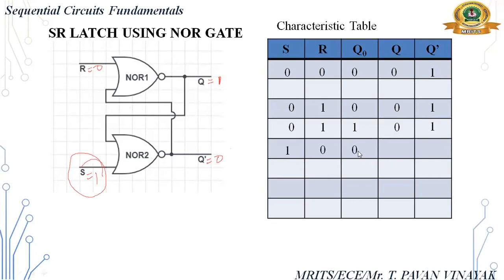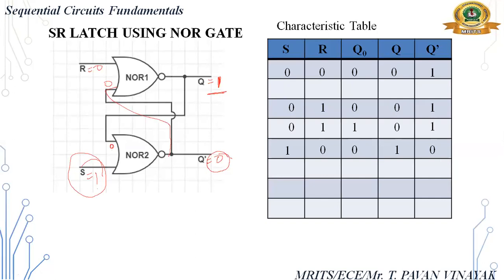Then here you get 0. 0, 1 means output is 0. This 0 will go here. 0, 0 means 1. So we get Q as 1, Q bar as 0.